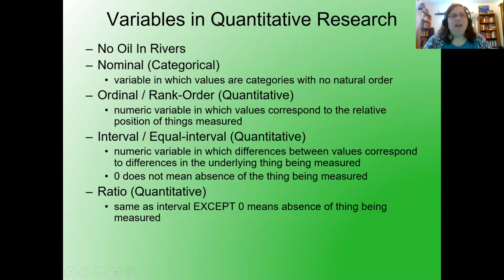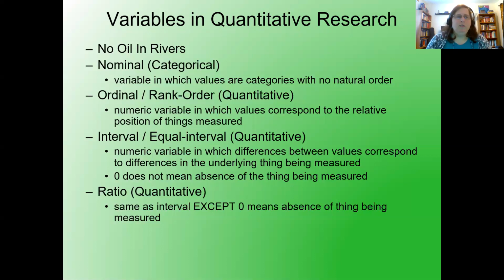So one way to think about these different categories is to use the mnemonic, NOIR, no oil in rivers. The N stands for nominal or categorical. The O stands for ordinal or rank order. The I stands for interval or equal interval. And the R stands for ratio. And you will notice that the first one, nominal, is categorical, whereas the remainder are all quantitative.